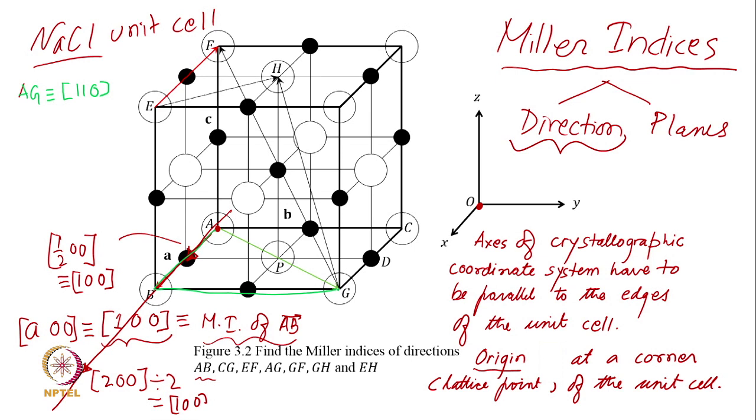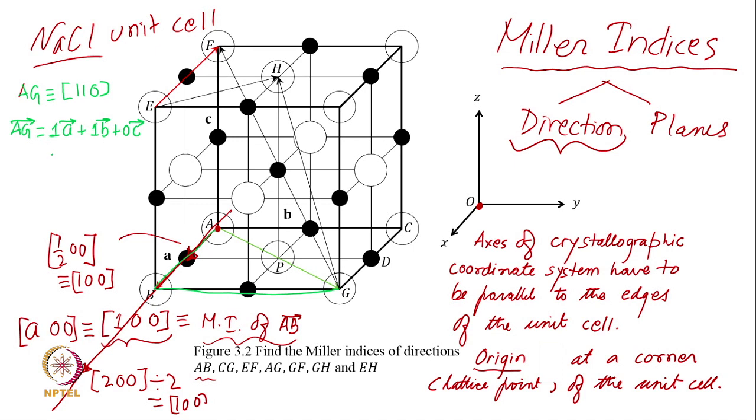So, essentially in terms of vector, if I write it as a vector AG, I will write 1 times a plus 1 times b plus 0 times c. So, that is the vector.